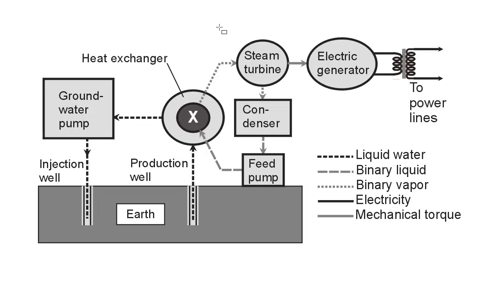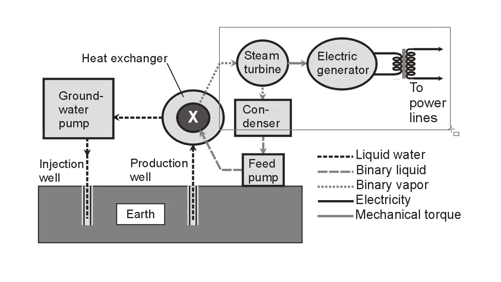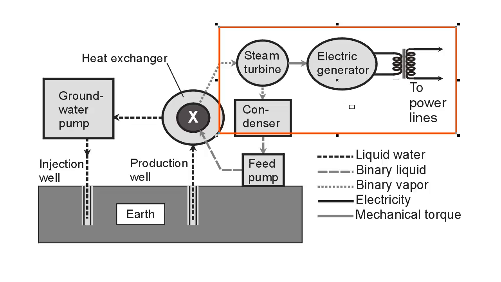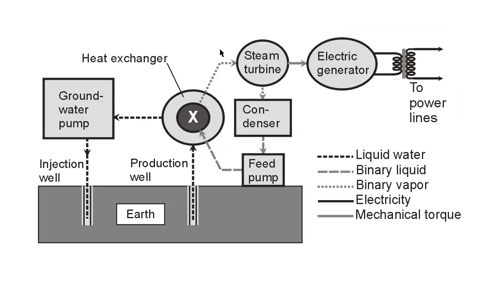This is a familiar refrain in power plants. These components right here, the steam turbine, the electric generator, and the transformer, which steps the voltage up to whatever voltage is necessary to be transmitted over the high-tension utility lines.